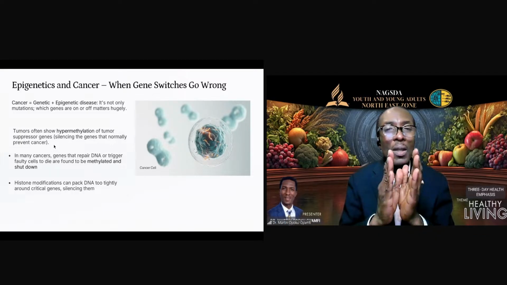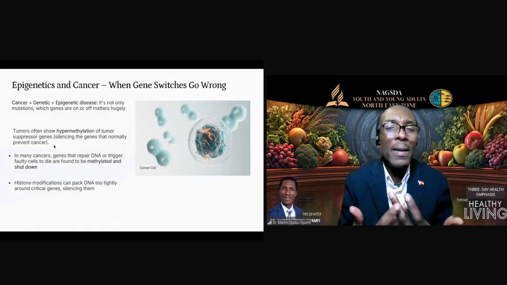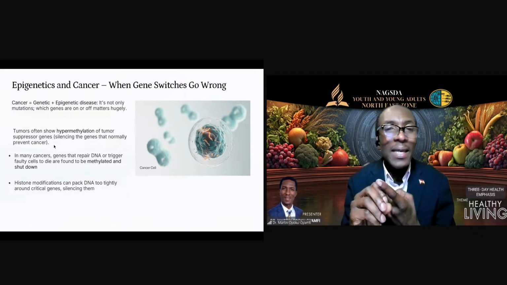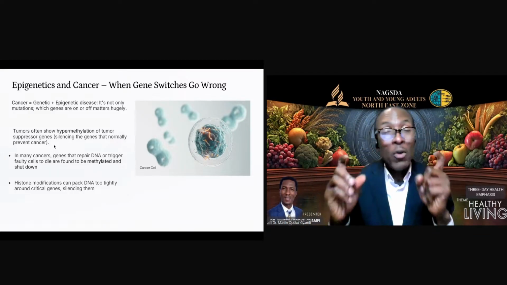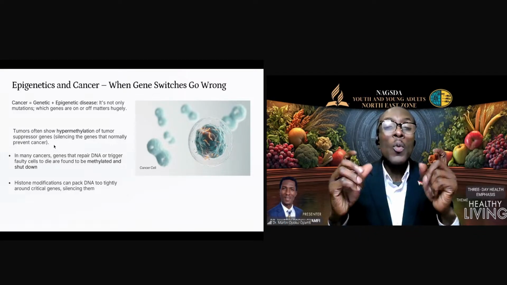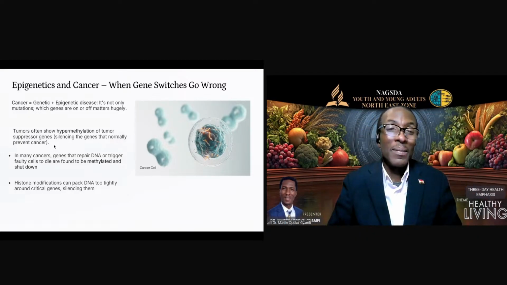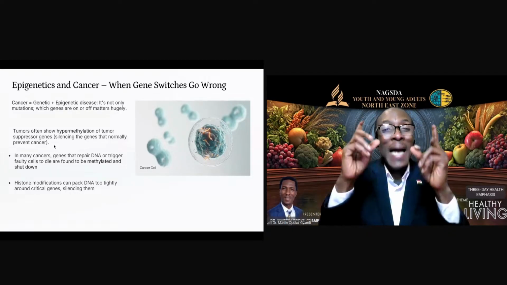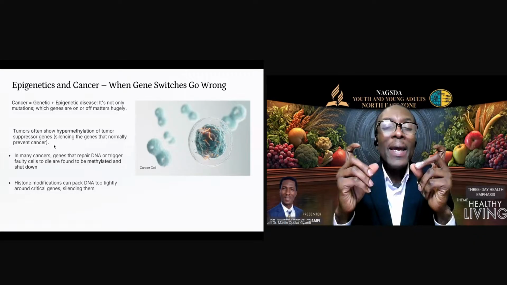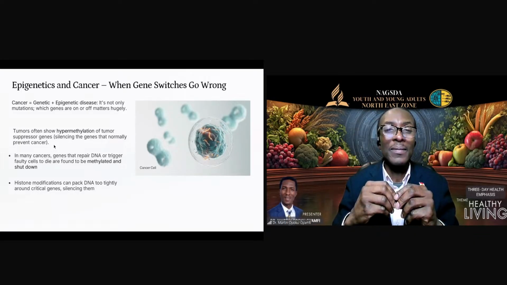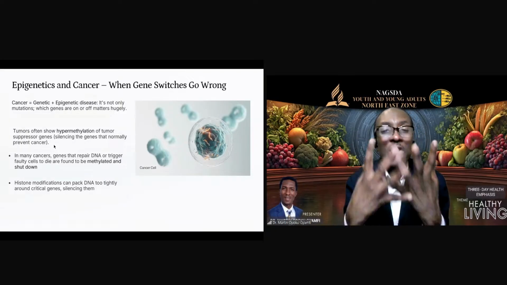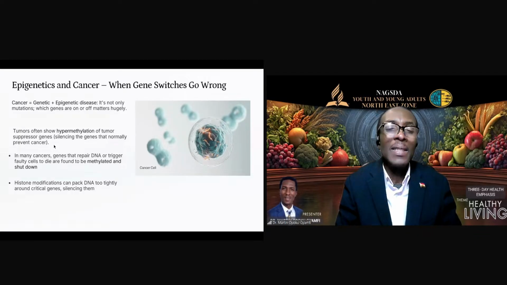So in most cancers, what we are seeing is that one, there is a silencing of the tumor suppressor, the good gene, which will prevent the cancer from developing. And then second, the other good gene, which will help repair the damaged DNA, is also silenced. And then the same gene that will also stimulate the faulty cancer cells to commit suicide is also silenced.